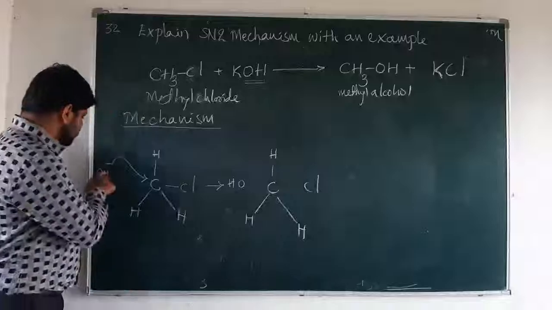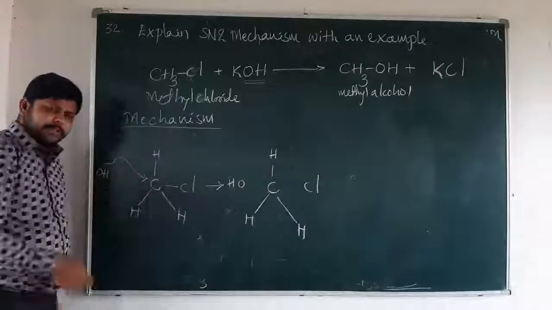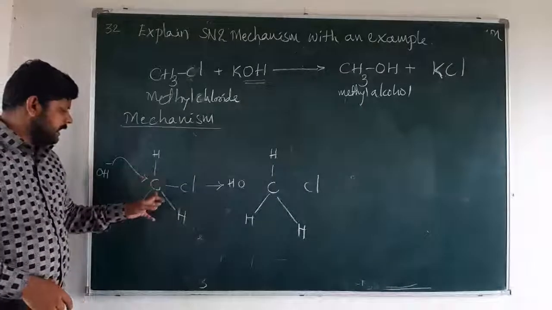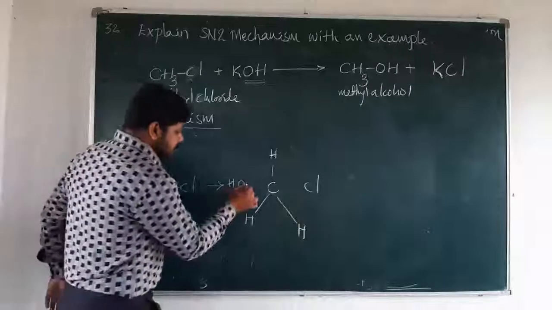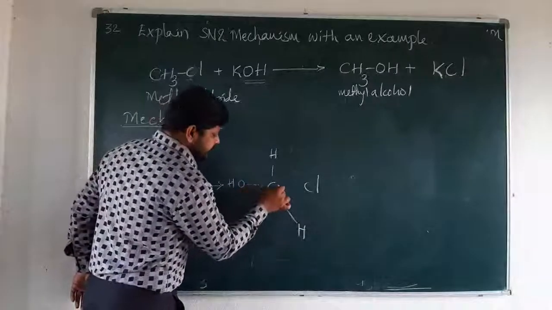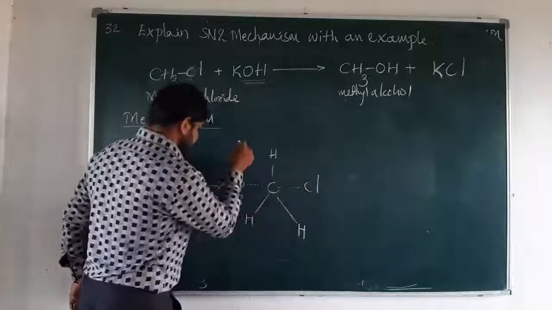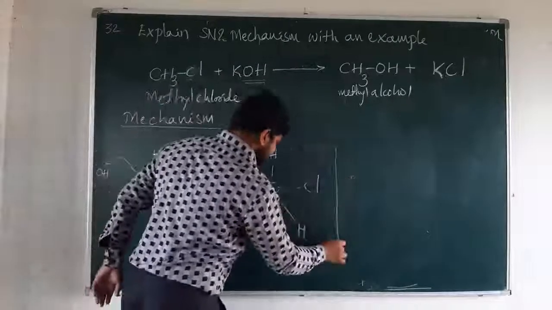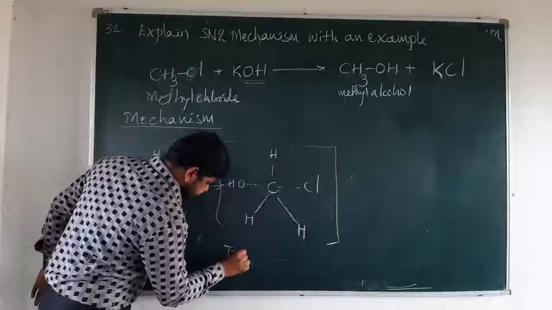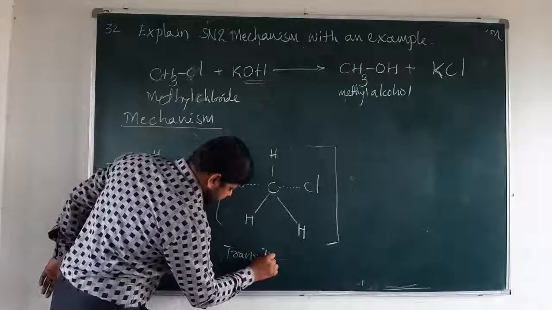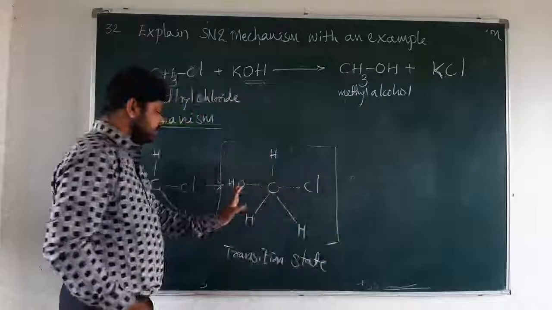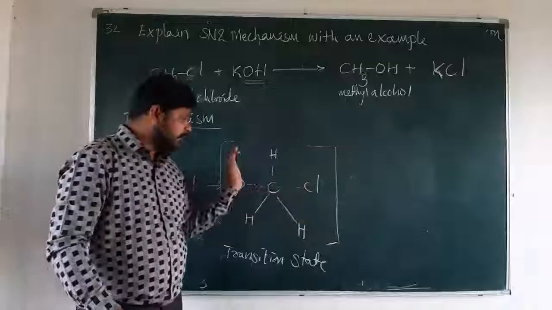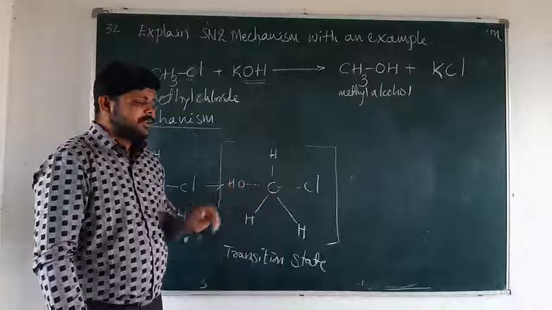Now both OH minus and Cl come to join here. Carbon valency is 4, you cannot write 5 bonds here. So you have to give partial bonds for these two. This state is called the transition state. Both nucleophiles, OH and Cl, are partially bonded to the carbon atom.